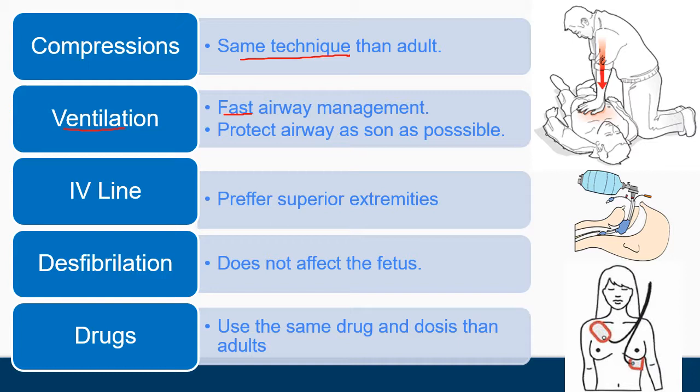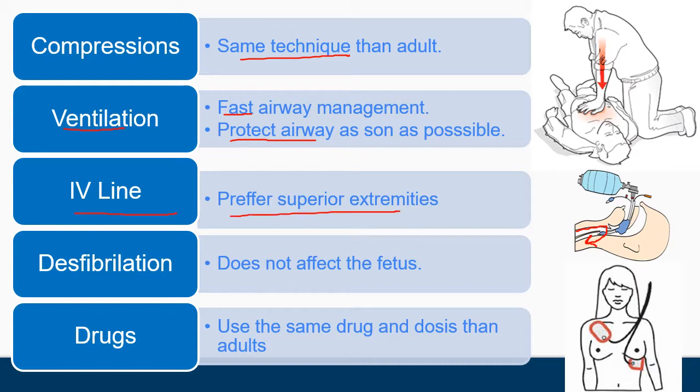So you need to manage the airway very fast and try to intubate as soon as possible, because when you intubate, you protect the airway from aspiration of food or anything into the airway.